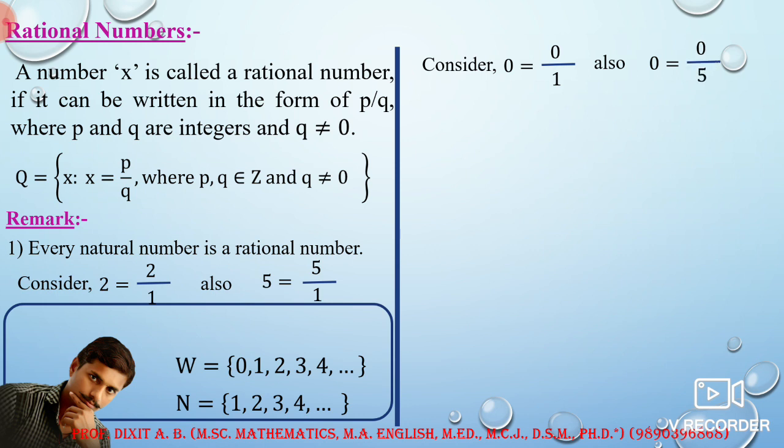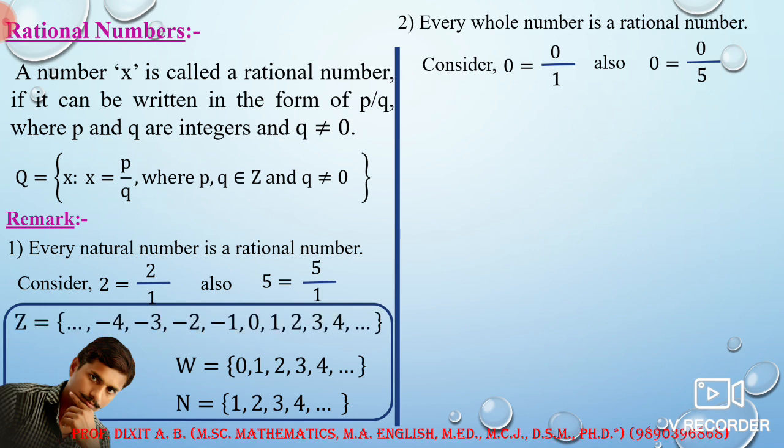It means however we express 0, 0 upon any natural number is always 0. So here is my second remark: every whole number, that is 0, 1, 2, 3, 4, what are these? Whole numbers. So every whole number can be expressed in the form of p upon q. So every whole number is a rational number.